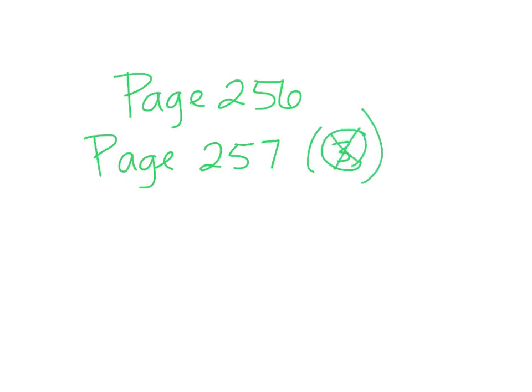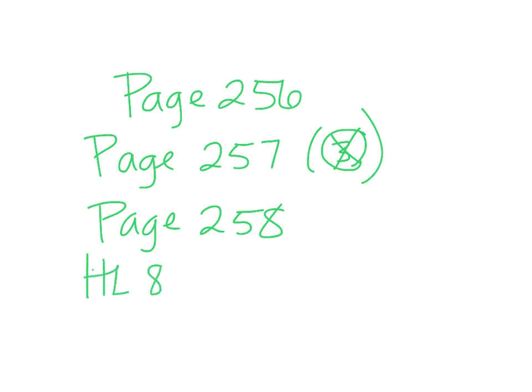Please don't do problem number 3. And then you're going to upload it to Seesaw using our new strategy of taking a picture of it and just uploading it to your journal. That's what the other video is about. Then you're going to do page 258, which is your math box. And then you're going to try the home link 8.2.